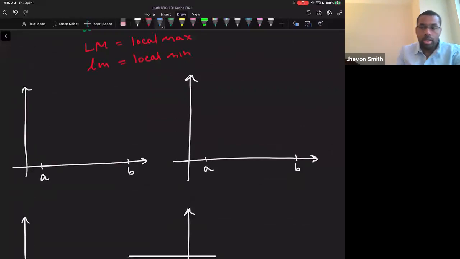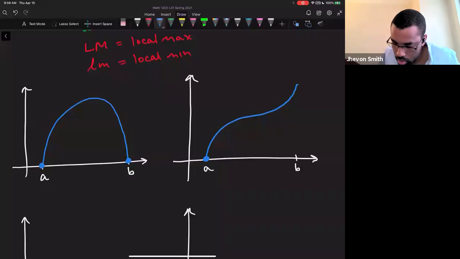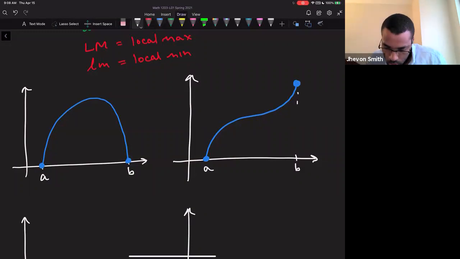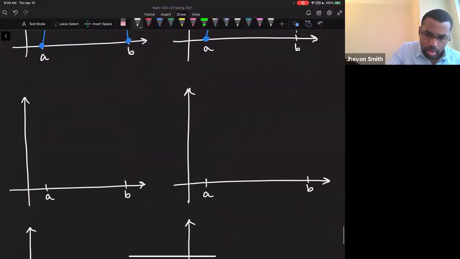Okay, so here's the first picture. The second picture. This point happens right above B. Okay, so that's the second picture. Third picture.